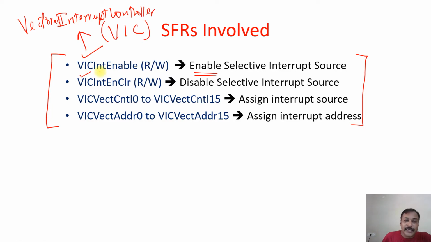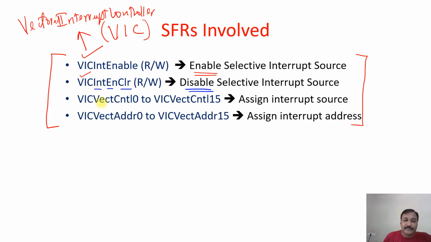Vector Interrupt Controller Interrupt Enable. The next one is Vector Interrupt Controller Interrupt Enable Clear. This works exactly opposite to the first SFR. While the Enable SFR is used to enable a specific interrupt source, this Vector Interrupt Controller Interrupt Enable Clear SFR is used to selectively disable an interrupt source.